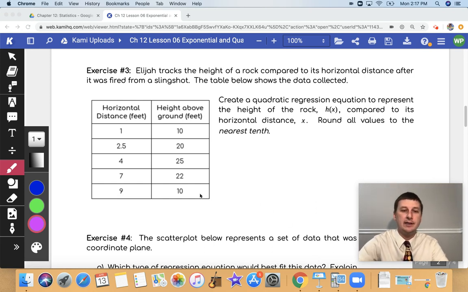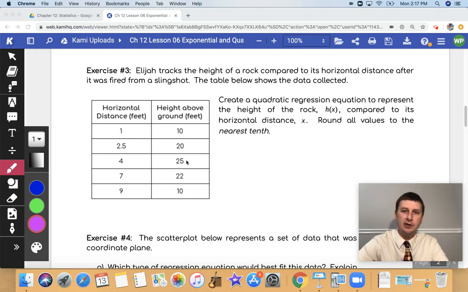So we have this information over here, and as we remember from chapters 9 and 10 on quadratics, these values do look like a quadratic equation because they start by increasing, they stop increasing, they turn around and come back down. So a linear equation would not be useful to predict the height of the rock because this is going up and going down, and linear equations do not do that.